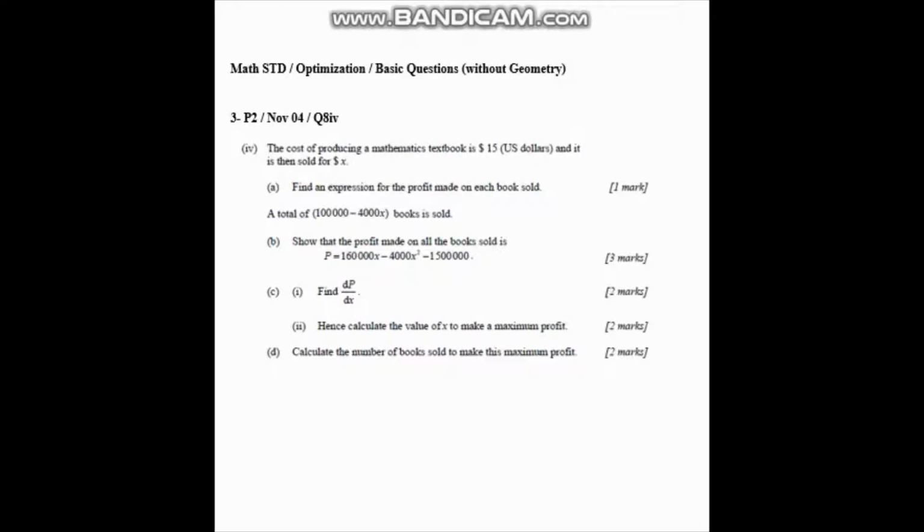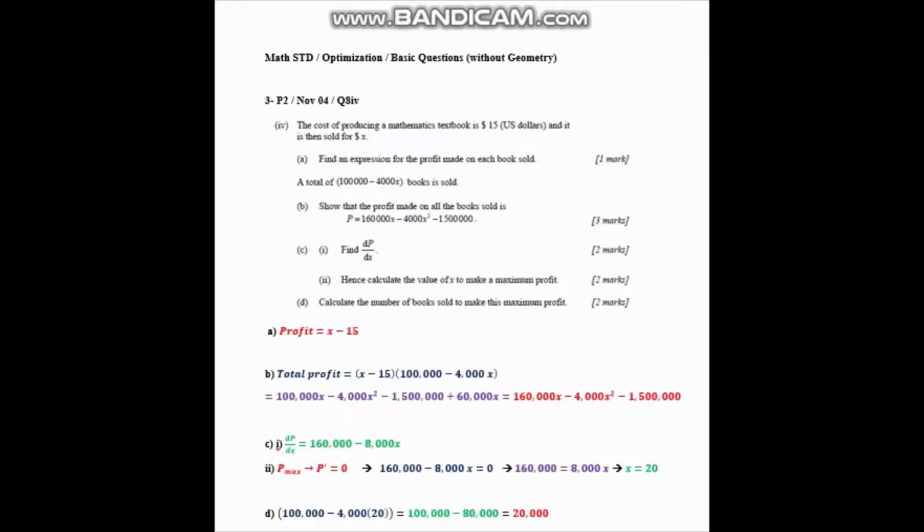So question 3 came in paper 2, November 2004, question 8, IV. Take a minute and attempt to solve, and the answer shall follow through shortly. So we are told that the cost of producing a mathematics textbook is $15 US, and it is then sold for X dollars.